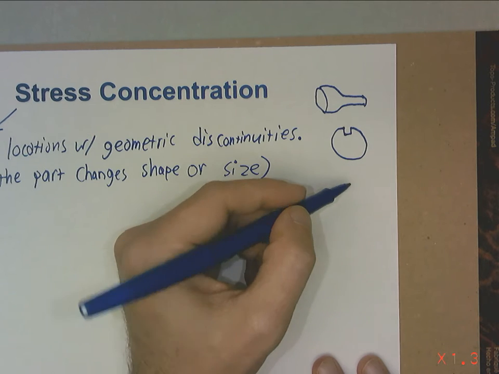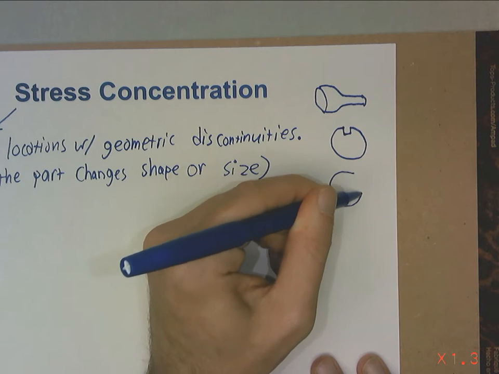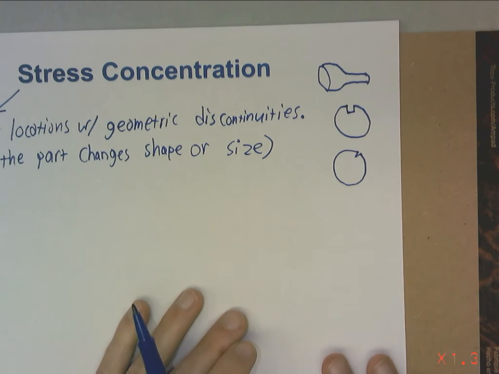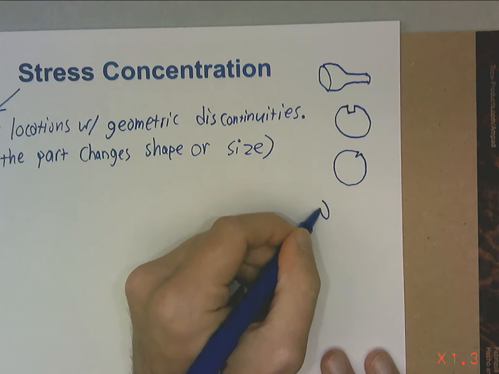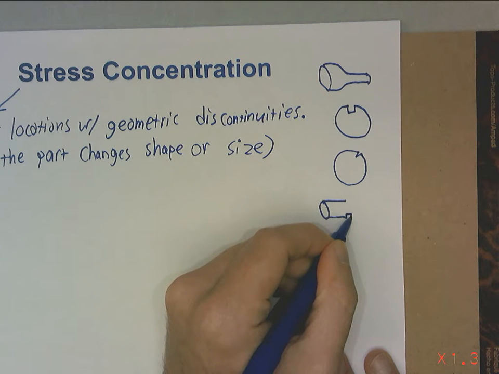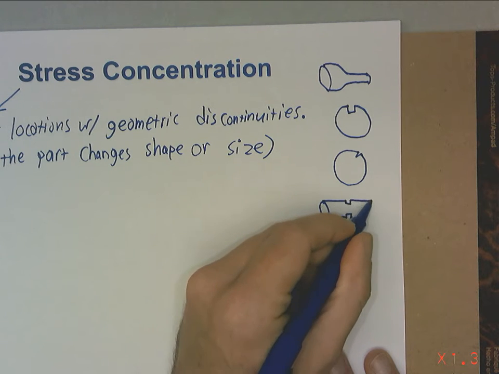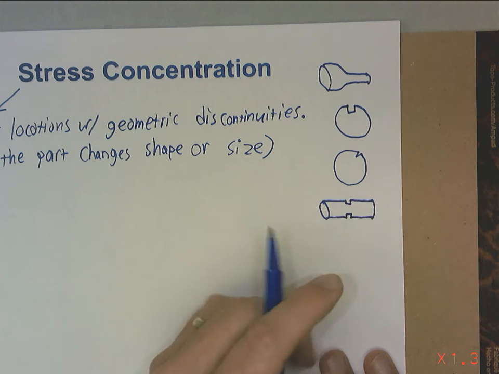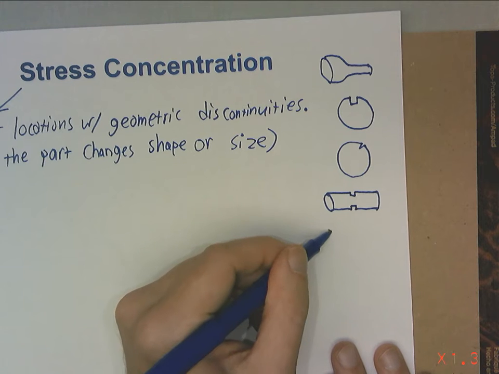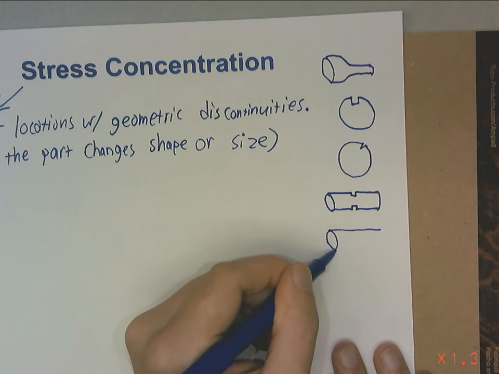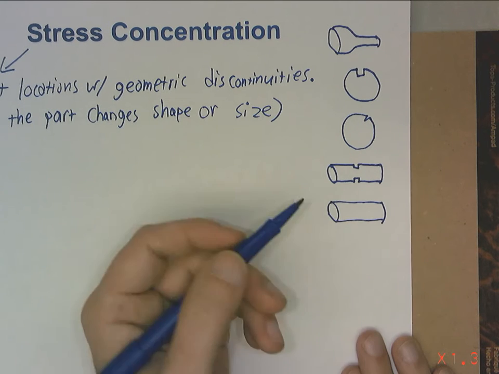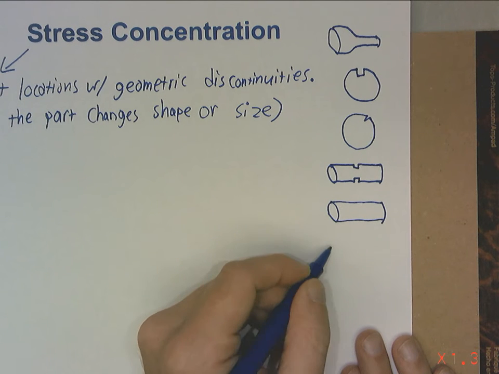So, you have a cross-sectional area and you've got just a little scratch in the part. You've got a shaft, and let's say there's a little notch cut in it for a retaining ring or an O-ring or something to that effect. So anytime we're changing our geometry, we're deviating from a cylinder that stays the same way.